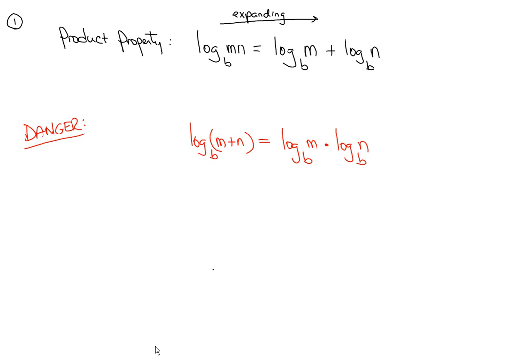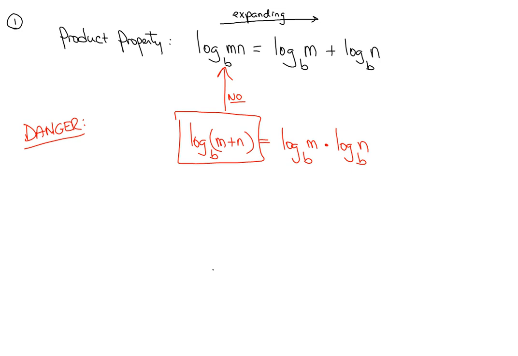Isn't that what the property says? No, that's why this is one of the danger things, guys. Look at what we started with. Does this match the structure of this? No. If it doesn't match the structure of that, you can't use it. It's that simple. If you try and force it to work, you're going to end up with the wrong answer 100% of the time.